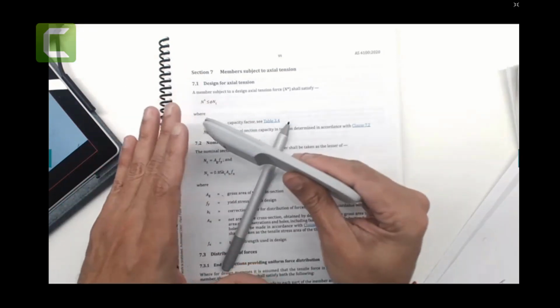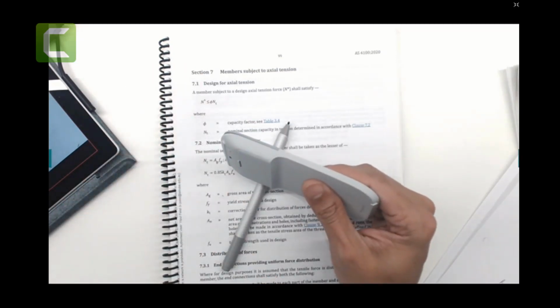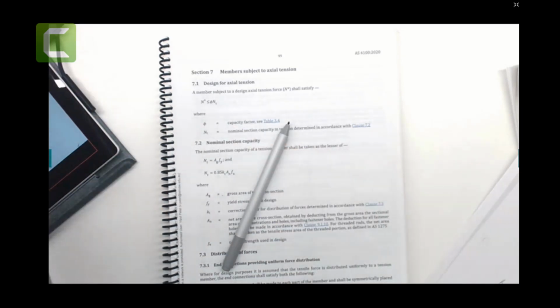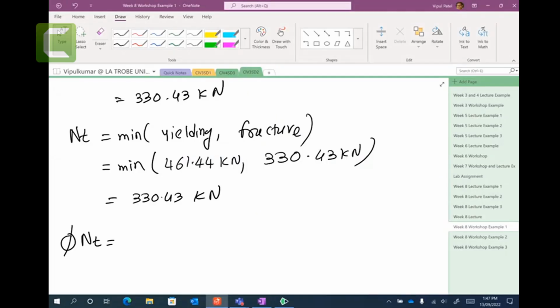If you do the welding, it will create residual stresses locked inside the material. For those kinds of effects, we generally apply a reduction, and that is taken into account by the capacity reduction factor. And where can we get it? From the tables that we have.